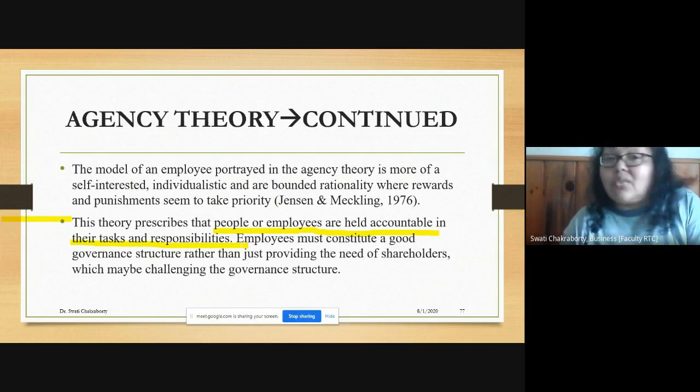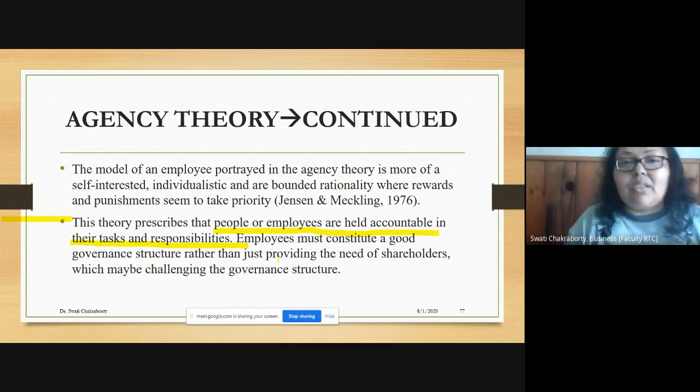So it talks about our responsibility and accountability towards the shareholders, whereby the employees have to ensure that the needs of the shareholders are met. For that, what is required is a good governance structure. That is important. A very good governance structure is needed.